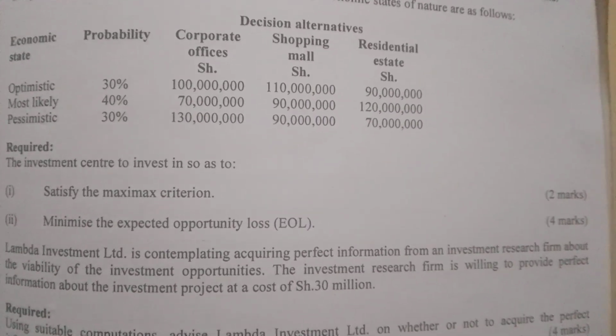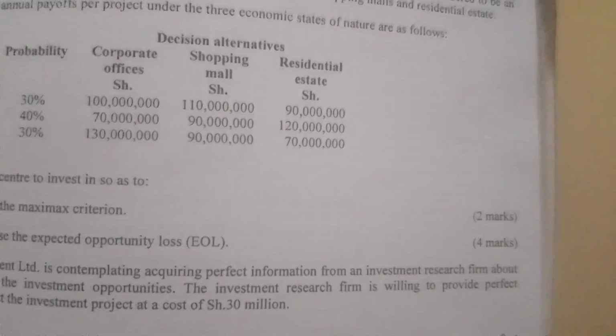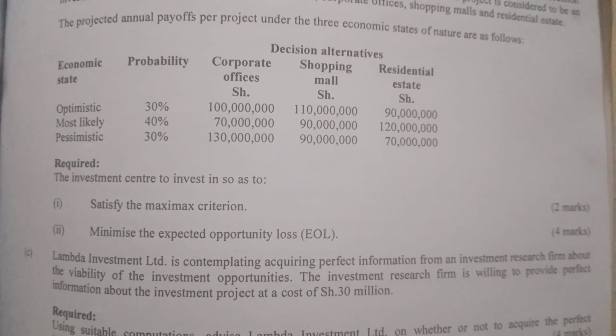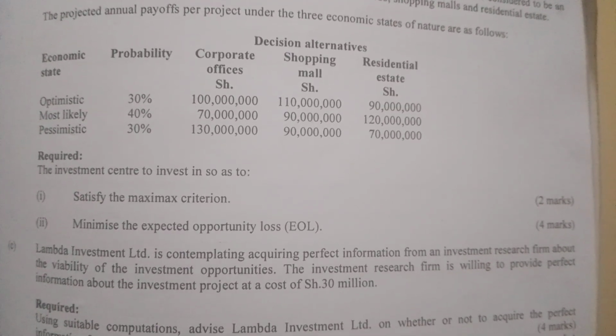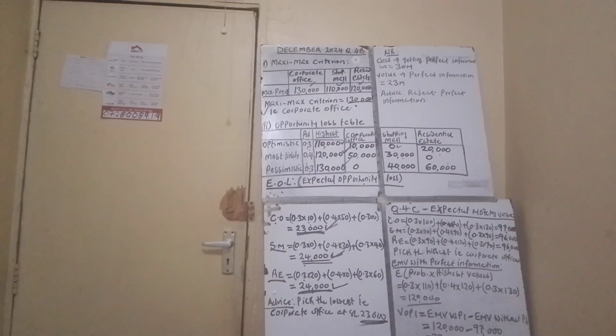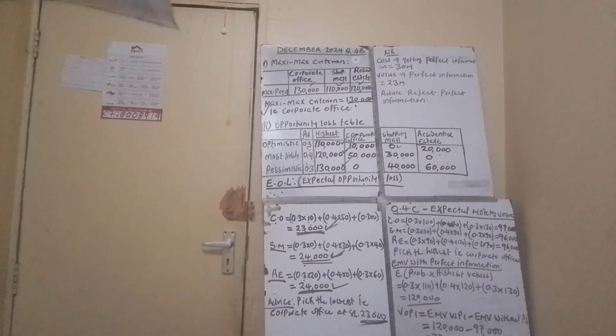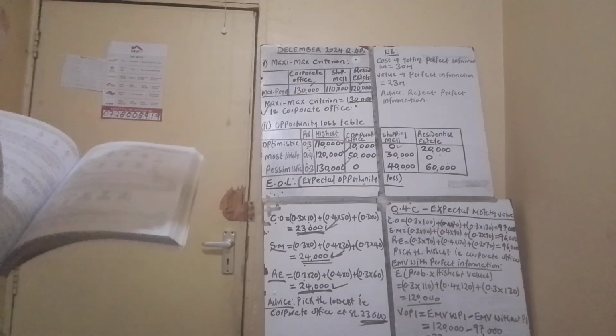Those figures in shillings in each decision alternative. You multiply the probability by the shillings, then you add. You can see as it appears there.